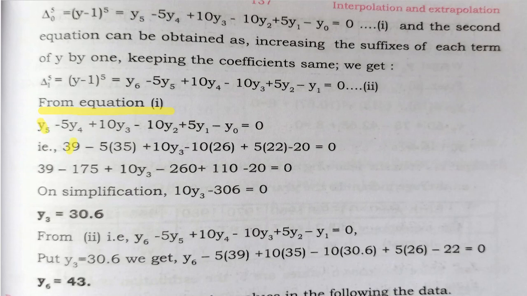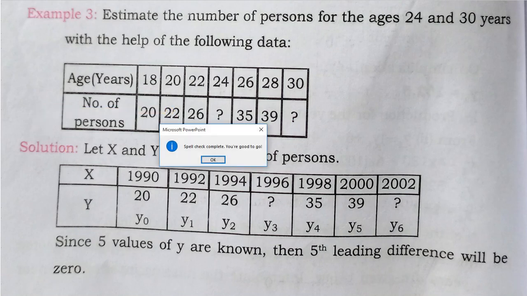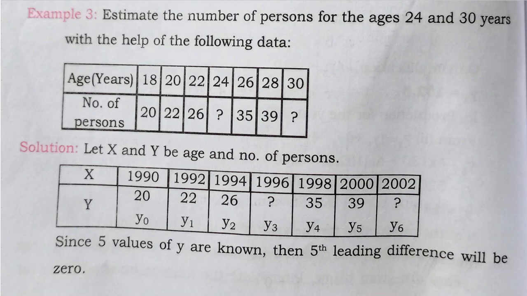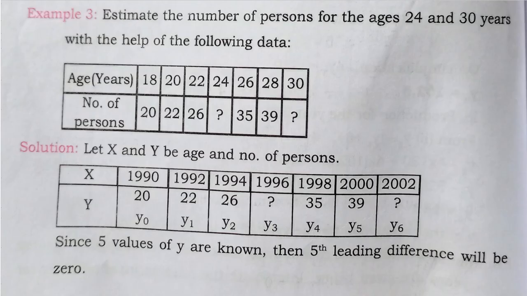The y4 value they have given is 39, and the y5 and y6 values they have given, that value we will enter here. What is the y5 value? The y5 value is 39. They have given y5 value as 39, so I have entered 39 here.